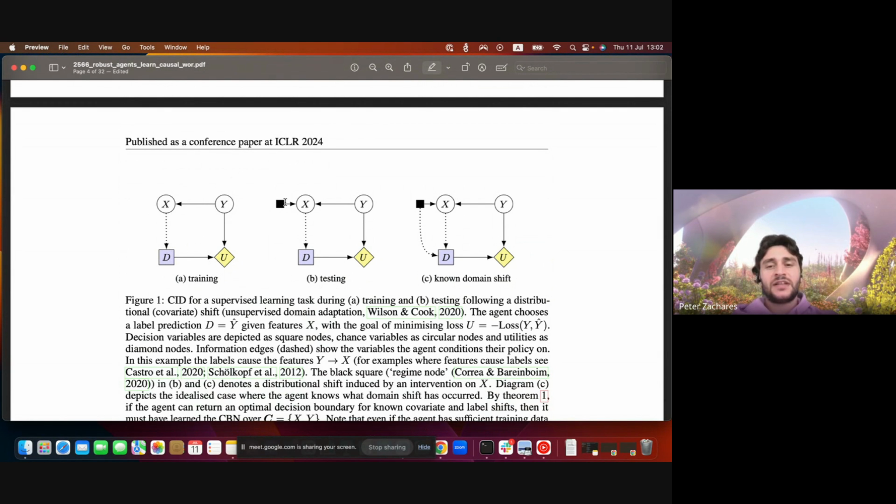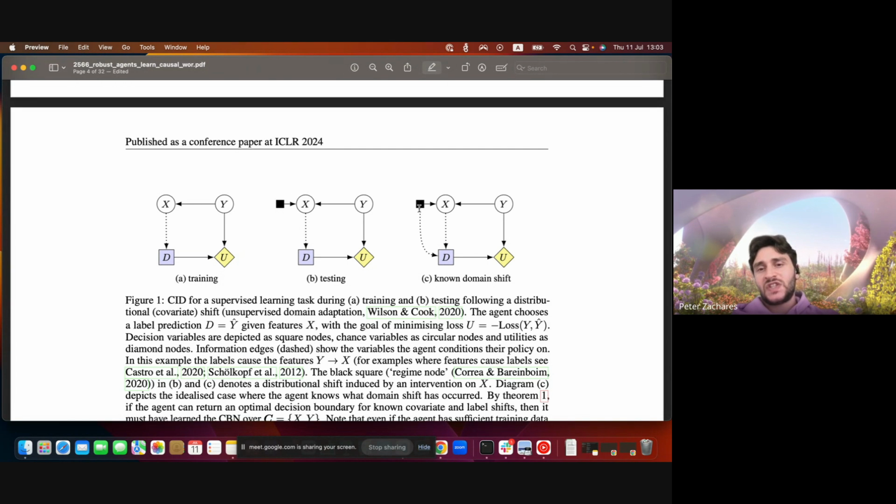Say you train a classifier to tell you what value of Y exists. Training and test might be different because there's an intervention which causes a distribution shift. And that's what that is saying.